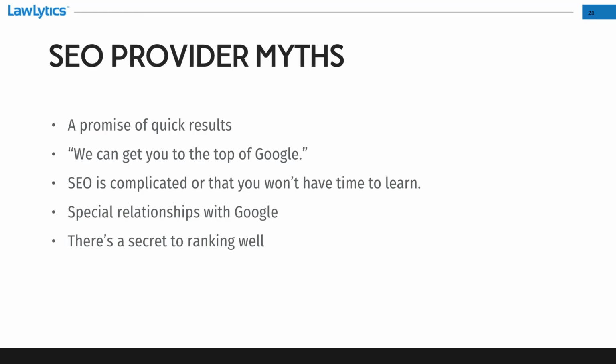Lastly, that there's some secret to ranking well. Like I said, Google's ranking factors and their relative weights are a secret, but what's not a secret and what has never been a secret is that Google wants you to write lots of quality content for your website so that they can provide it to people who are making related searches. And they want to provide the best content. That's what they're looking for.